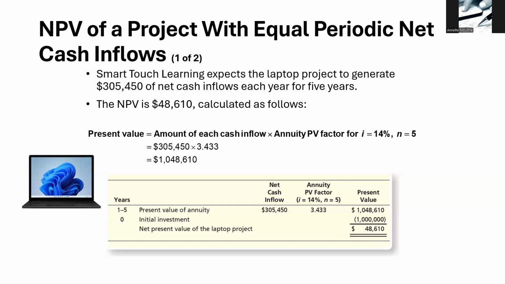So when you have the present value now is $1,048,610, the initial investment, remember, was $1 million. So the net present value of the laptop project is that $48,610. That's how we get that number.